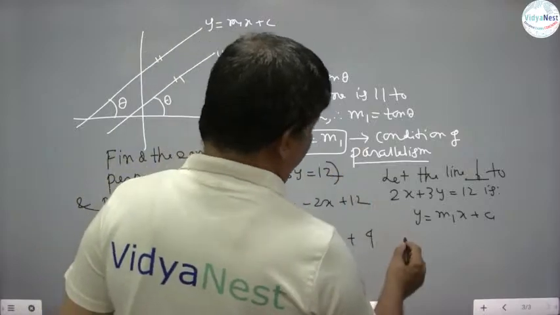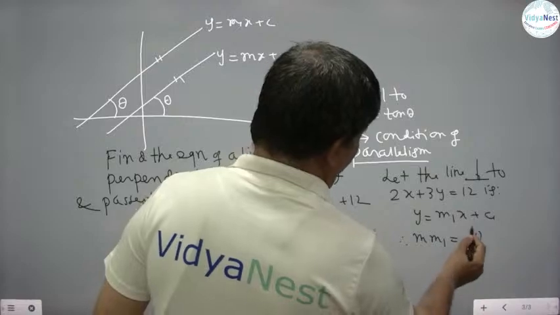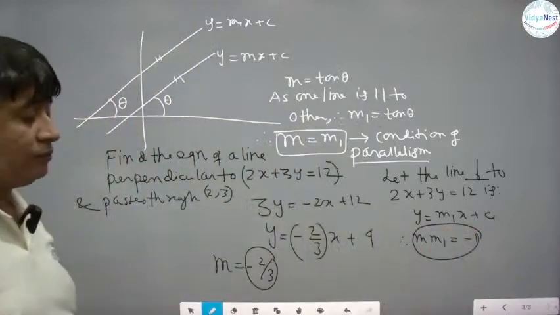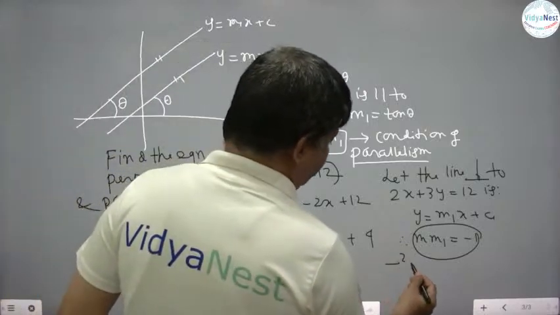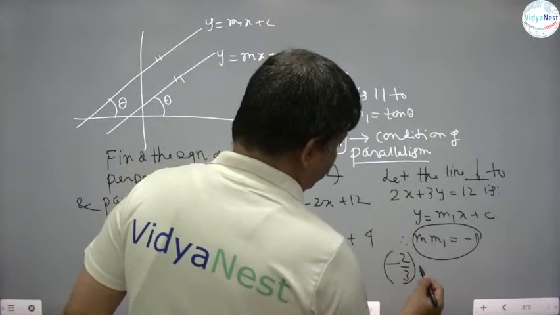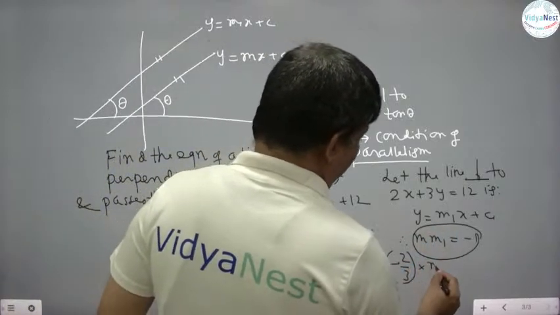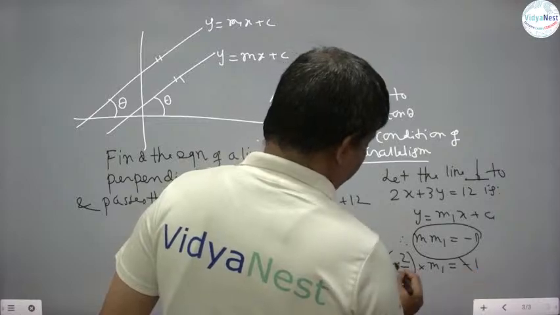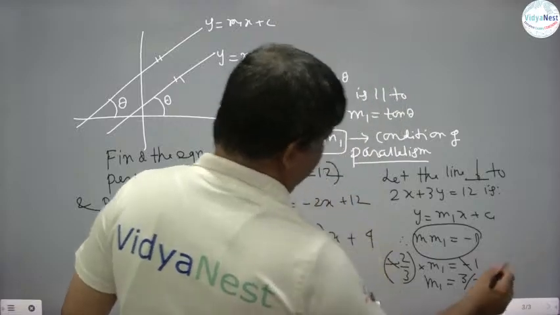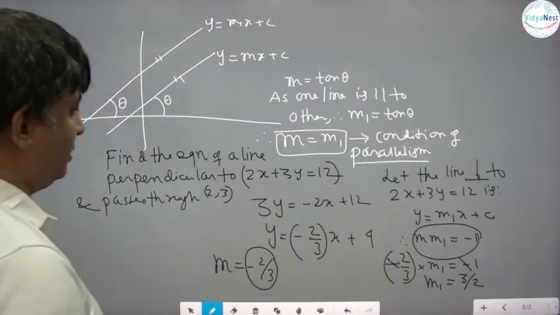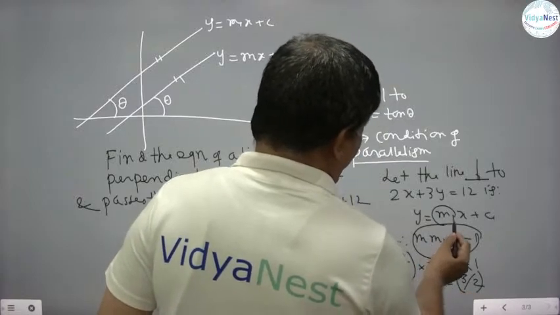According to the condition, the two lines are perpendicular, so m·m1 = -1. m is -2/3. m1 is yet to be known. Cancelling, m1 is 3/2.